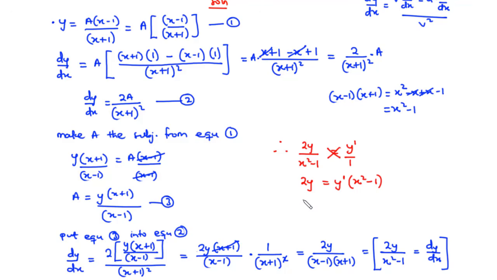You transpose this to the right hand side, it becomes y prime times (x squared minus 1) minus 2y equals 0. Therefore this is the differential equation after eliminating the arbitrary constant a.